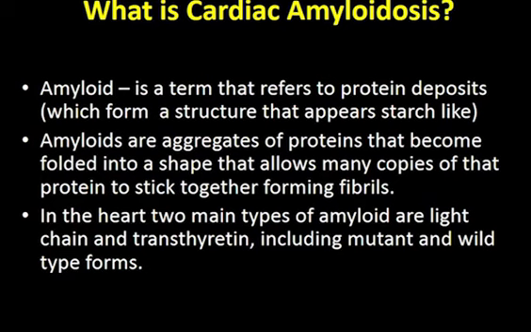Amyloids are essentially aggregates of these proteins. They fold into a particular shape, and many copies of these proteins stick together, forming the fibrils that unfortunately disrupt the structure and the function of the heart. As I mentioned, in the heart, there are two main types, light chain amyloidosis and transthyretin, which both have a mutant and wild type form.